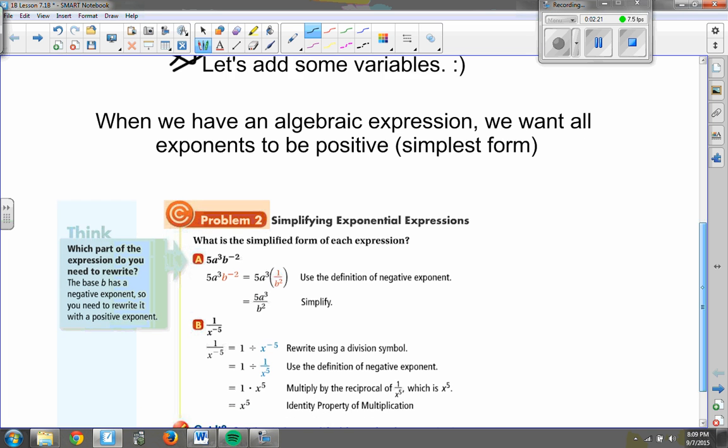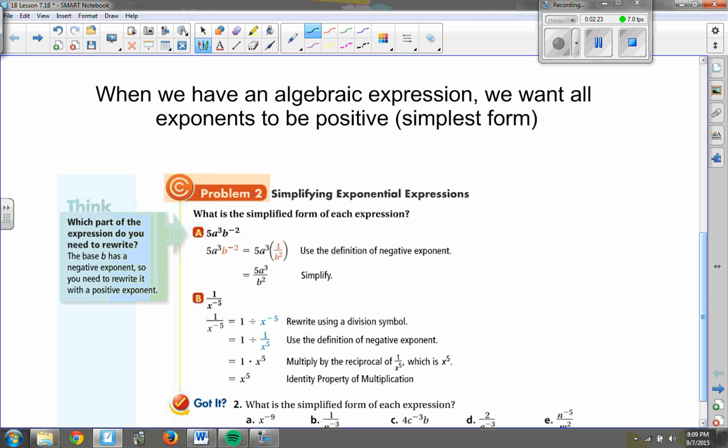And here's our main goal with this. Whenever we have an algebraic expression, we want all of the exponents to be positive. That is what we call, in algebra, the simplest form. We always want our expressions to be in that simplest form, and part of that simplest form is to have all exponents be positive.